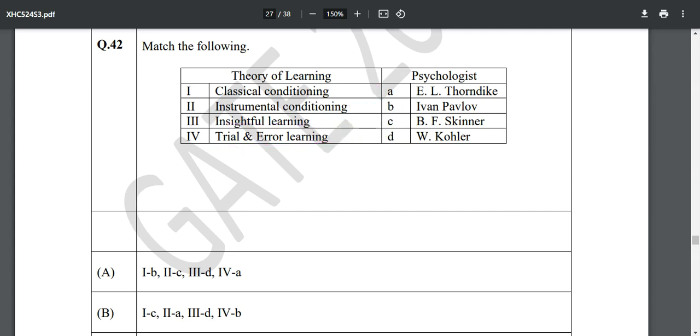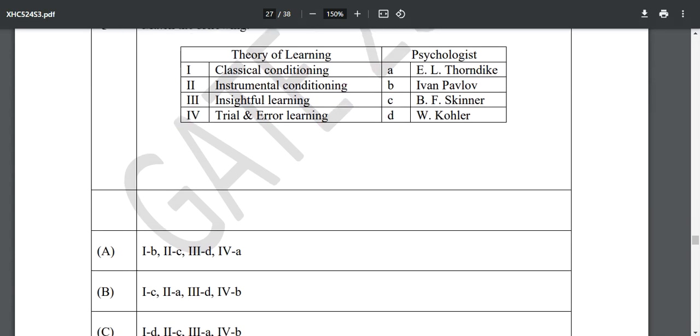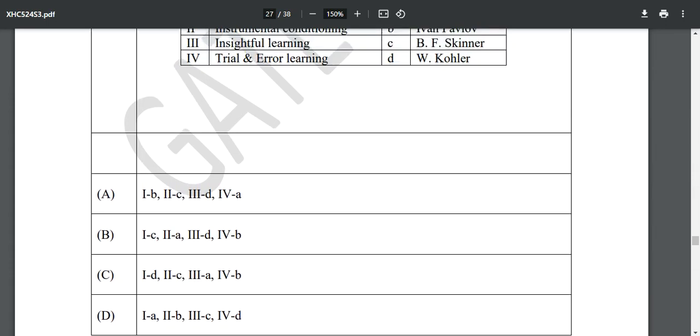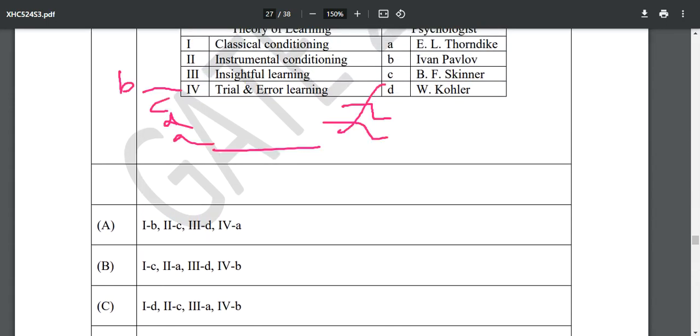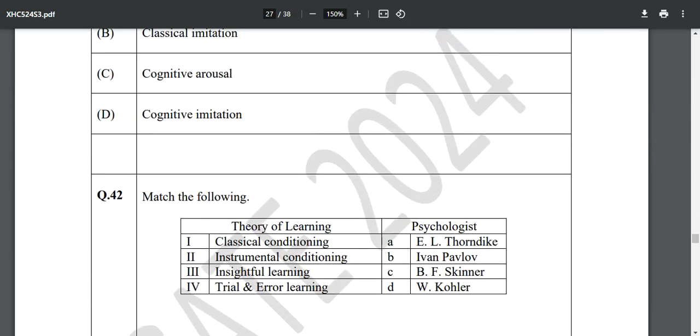Okay, so for classical conditioning we have B, instrumental conditioning we have C, insightful learning we have D, and trial and error learning we have A. B, C, D, A. Alright, so option number A is the correct answer over here of question number 42.